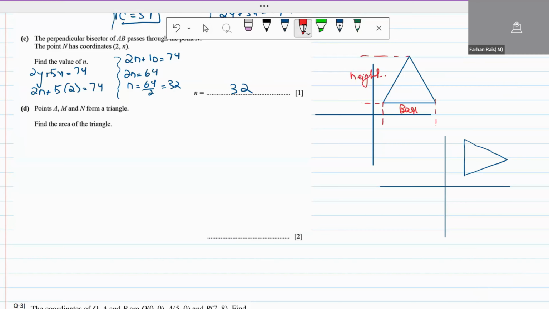In this case, the base side would be this, which is the difference of the y coordinates, and height would be this, and that is the difference of the x coordinates.